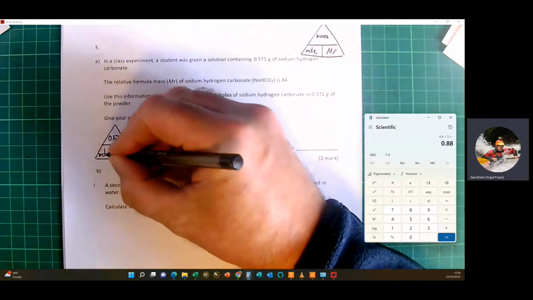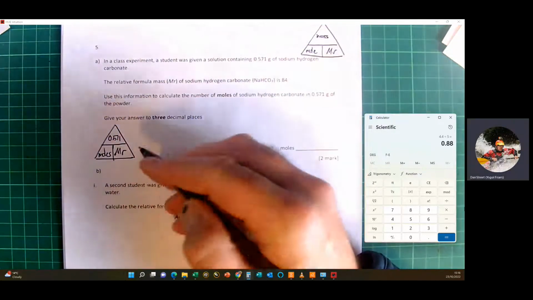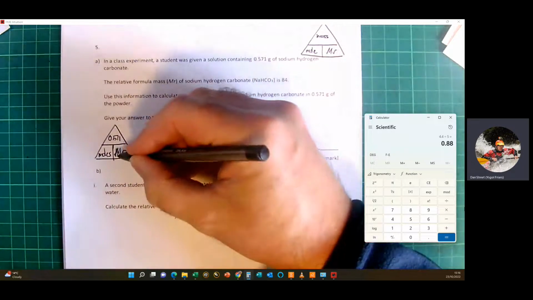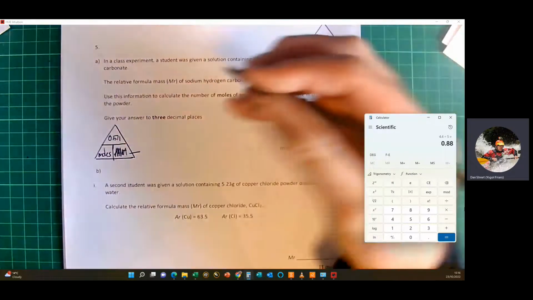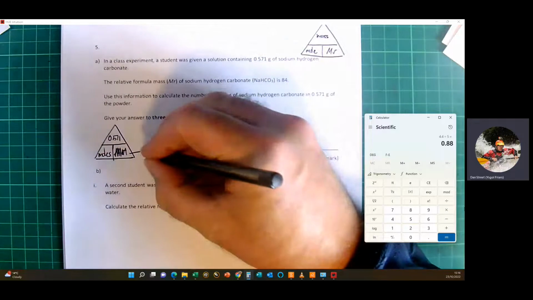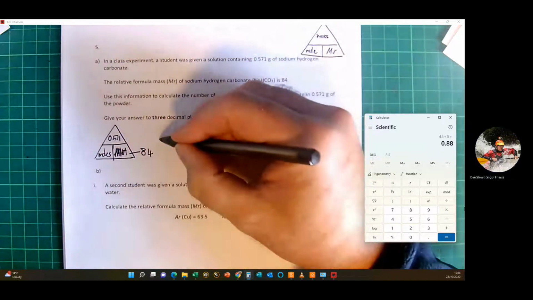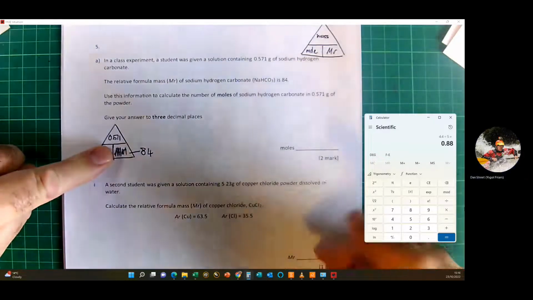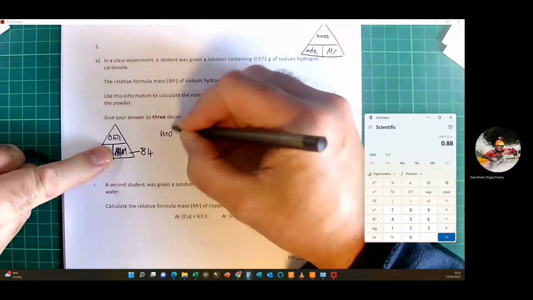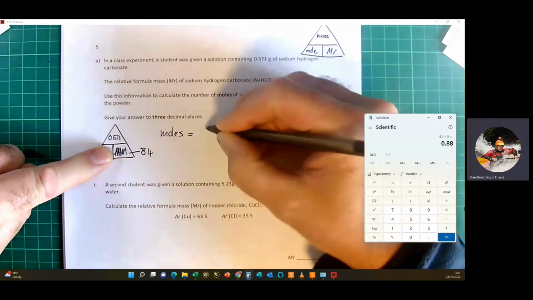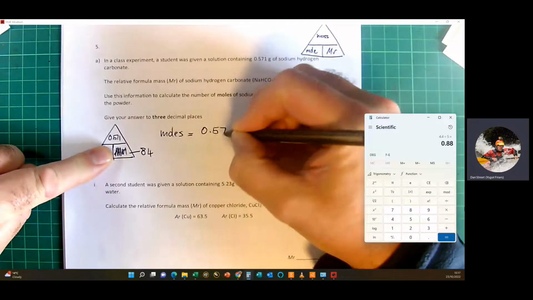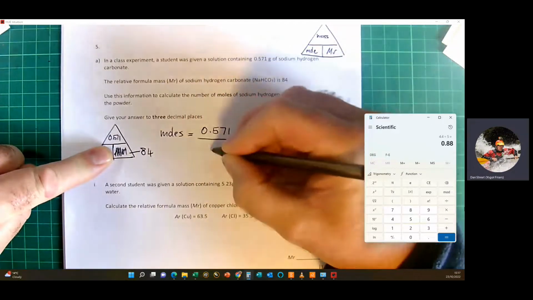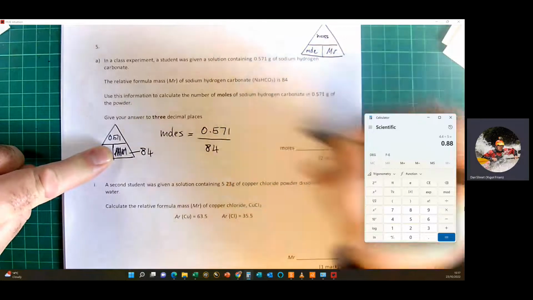Now a lot of people got this far. Sorry, I need to replace that with the 84. That's the 84, isn't it? So basically from the triangle we want to know moles. So moles equals 0.571 divided by 84.